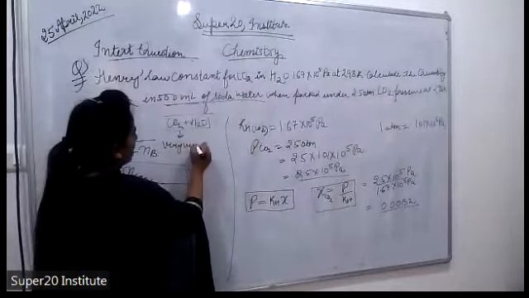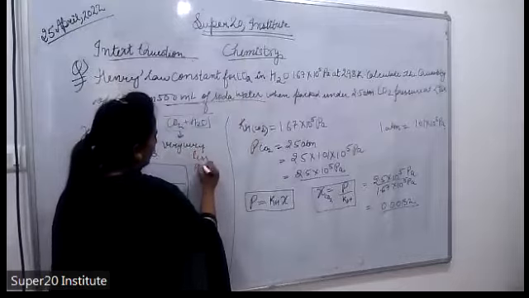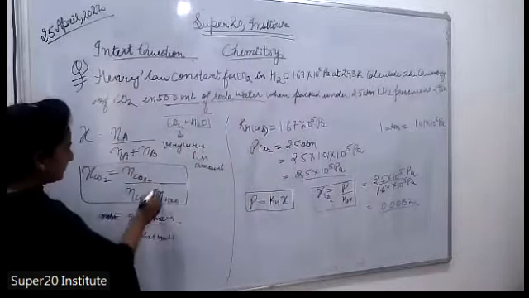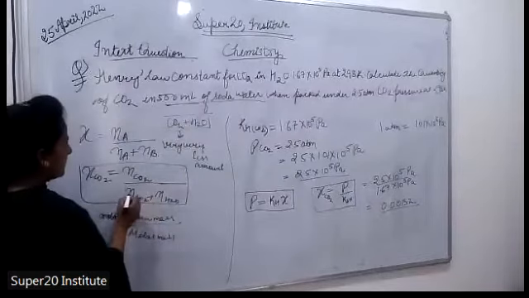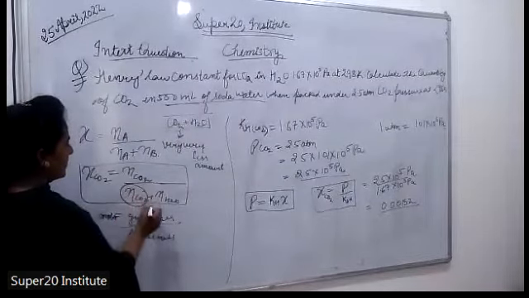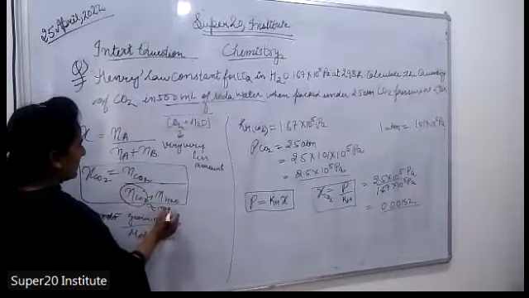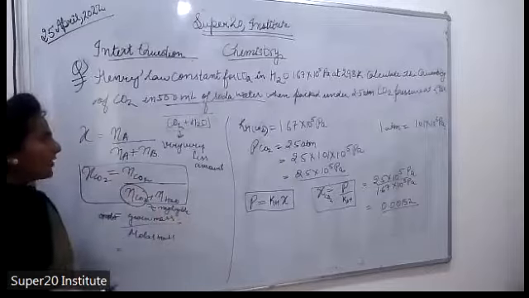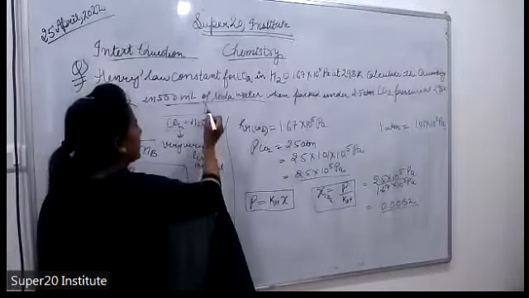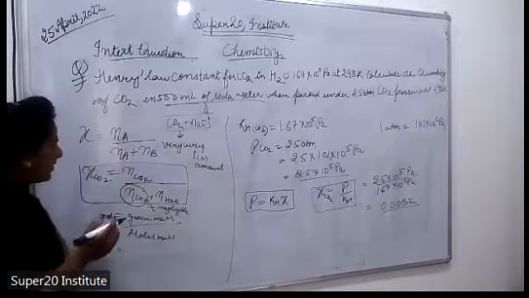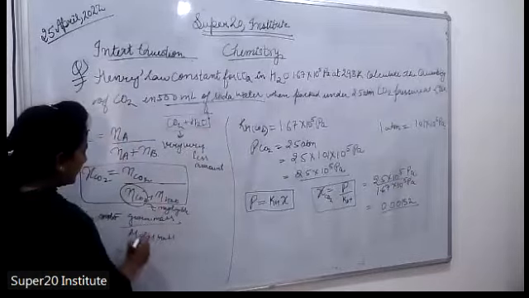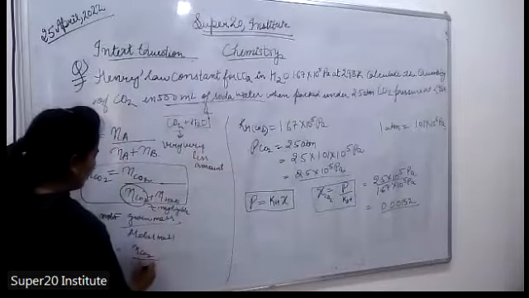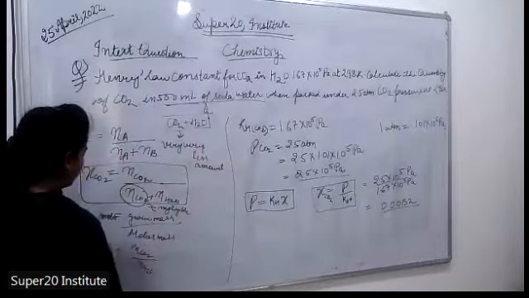So here this will be negligible, because in soda water the maximum amount is water and carbon dioxide will be a very small quantity. So this will become negligible. So we have only number of moles of carbon dioxide upon number of moles of water.